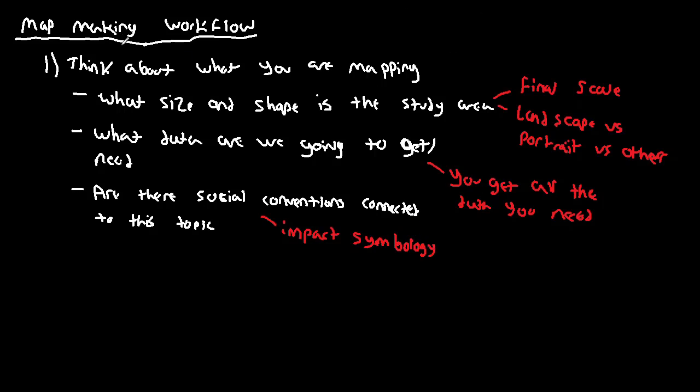So the first step is to think about what you're mapping. The second step, and it's related, is to think about the audience. Some key things to think about here are, number one, how familiar are they with the topic?